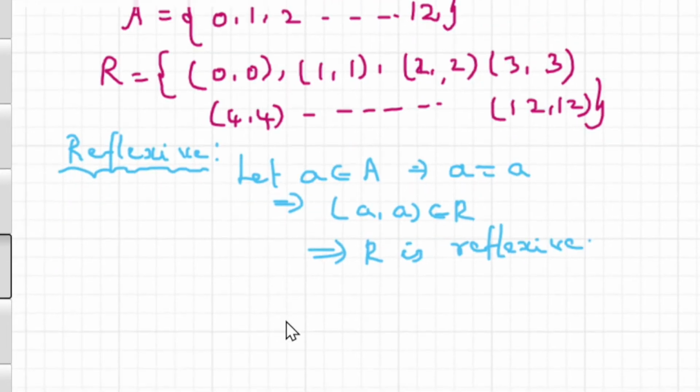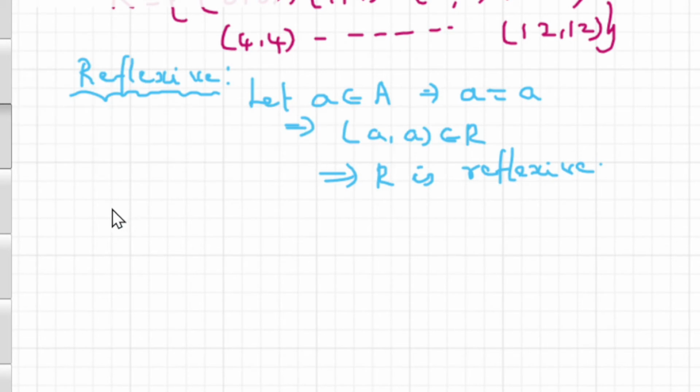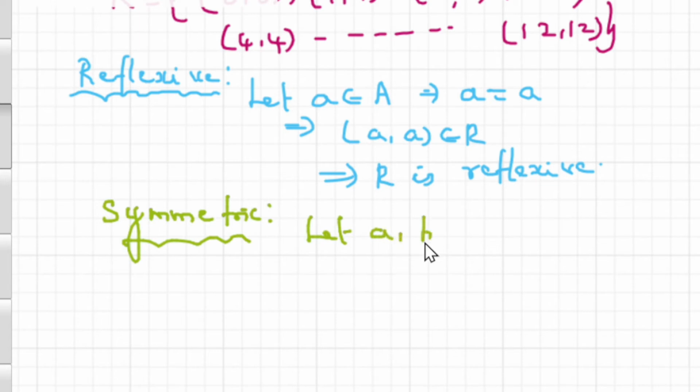Then the next term we'll have is symmetric. In symmetric, let us take A comma B belongs to R and that implies A is equal to B. If A is equal to B, then it is clear B is equal to A. Both entries are equal, that implies B and A are equal.